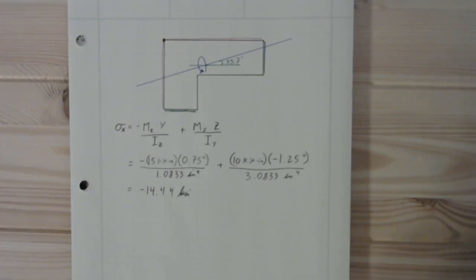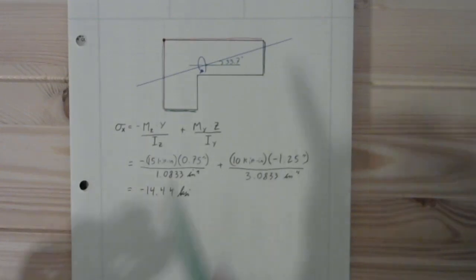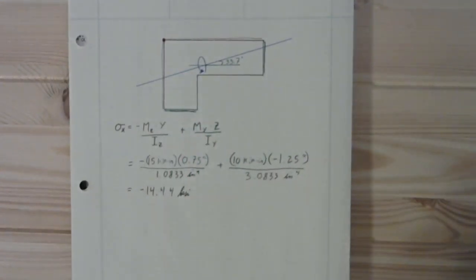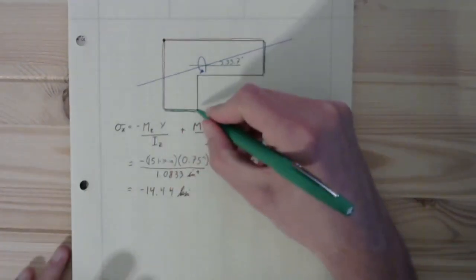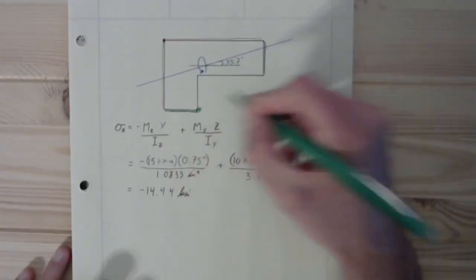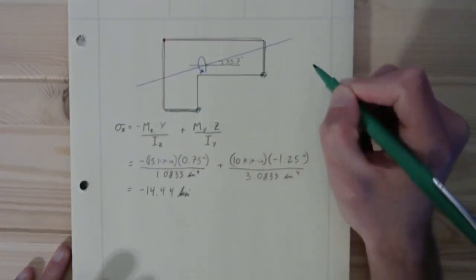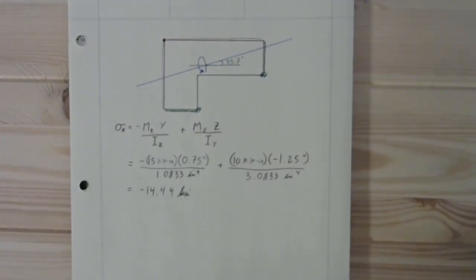So what we're going to find is there isn't a point, like there is up here, where those intersect. And because there is no point where they intersect, we've got two potential candidates for maximum tension. So it's either going to be right here, or it's going to be right here. And we don't know which is which.